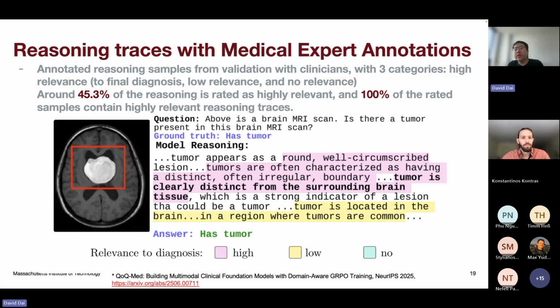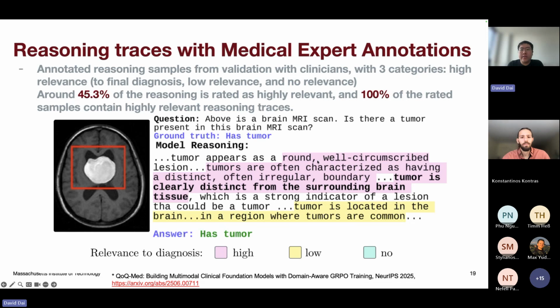Because we train the model with reasoning, we also collaborated with medical professionals to annotate the relevance of the model's reasoning traces. Out of the randomly selected validation samples, around 45% of the reasoning traces are highly relevant to the final diagnosis, and all of the annotated samples contain highly relevant reasoning traces.